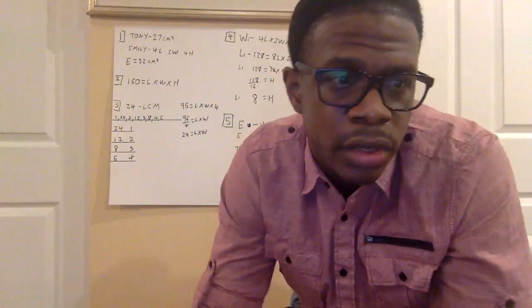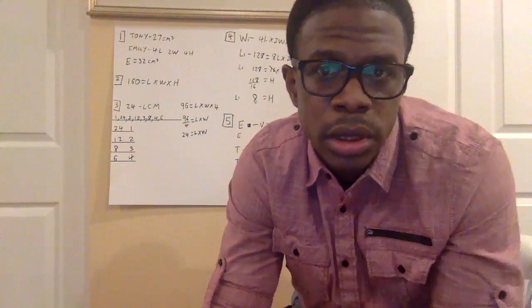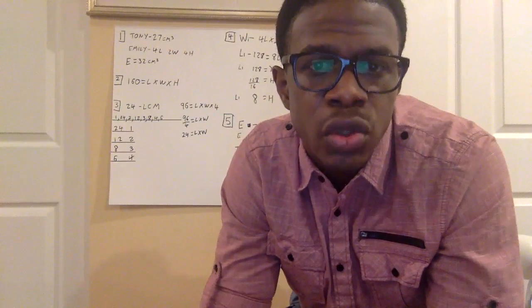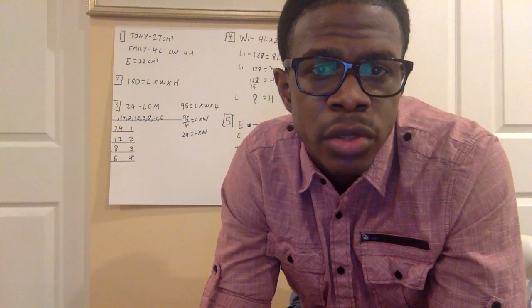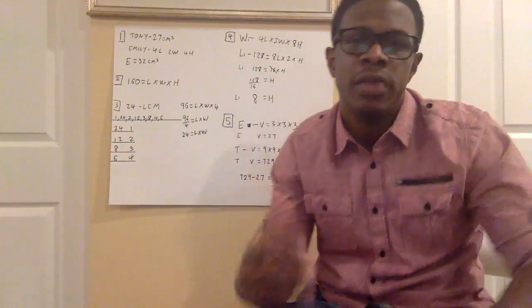So, looking at that, the vocabulary word would be in the first sentence where it says volume of 27 cubic centimeters. So that makes us know we're using volume, and that Tony's is a cube. If we underline the information, Emilia uses 1 centimeter cubes to build a rectangular prism. So we're comparing a cube and a rectangular prism.